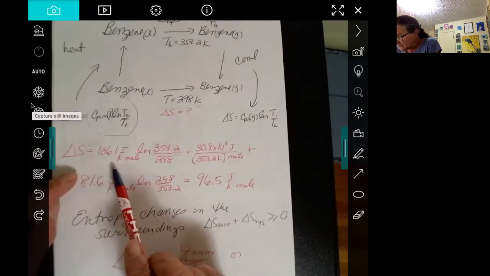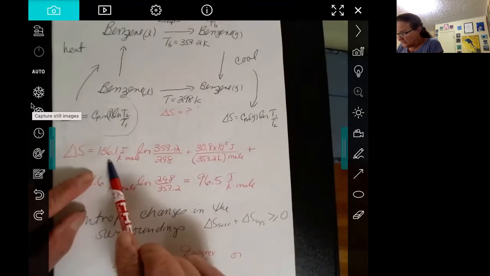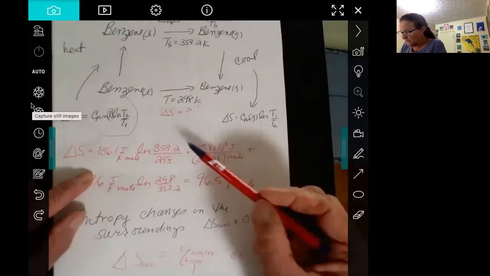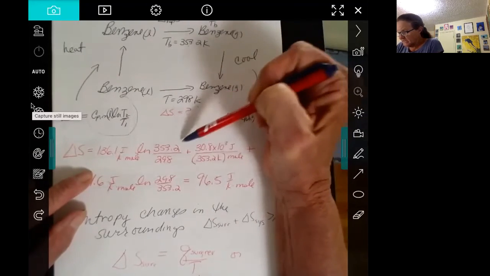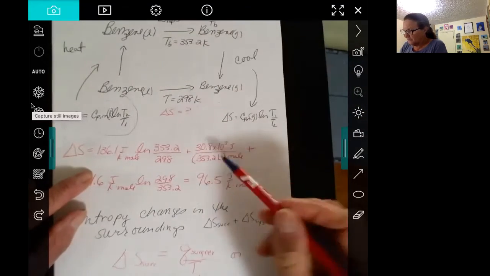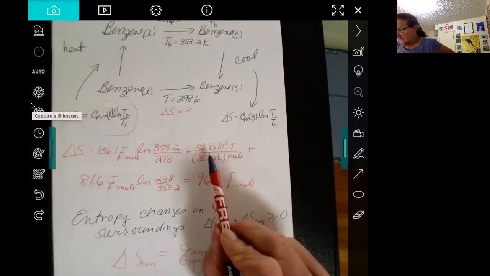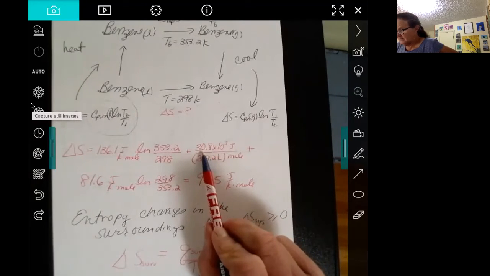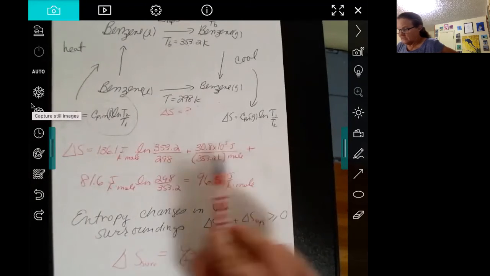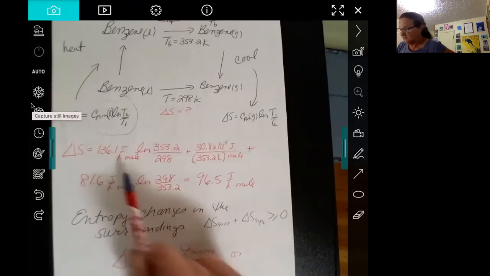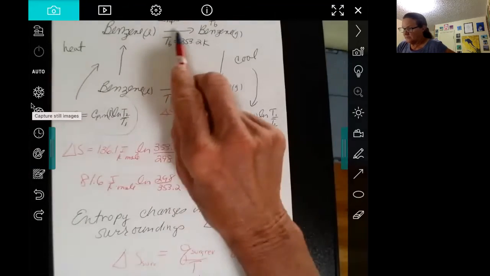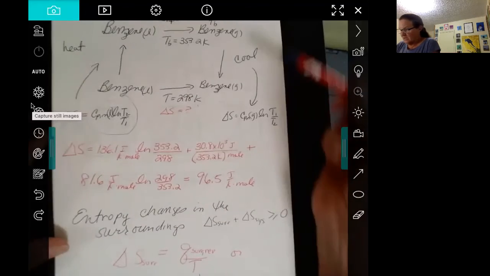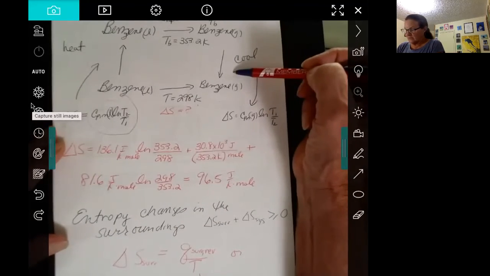So for the first step, the heat capacity of the liquid is 136.1 joules per K-mole. We're going up to 353.2 from 298, so this is T2, T1. The delta H for vaporizing benzene is 30.8, and I just changed it into joules to be consistent. You divide it by the temperature at which it happens in equilibrium, so that's this step. And then we have to cool that gas back down.